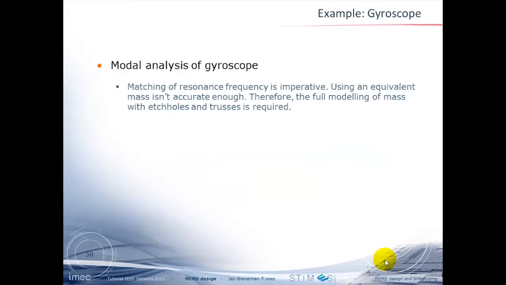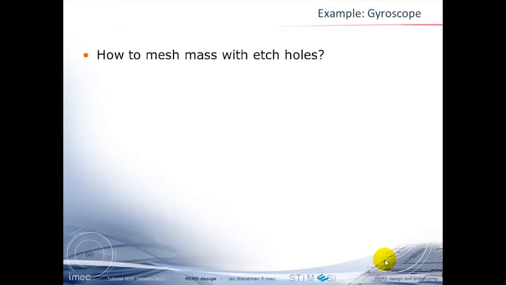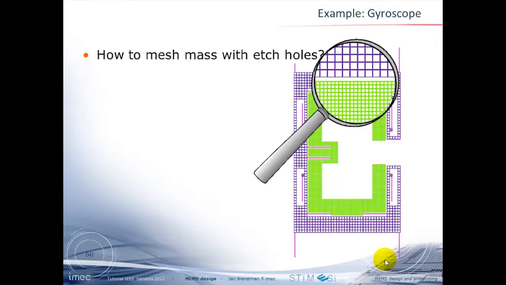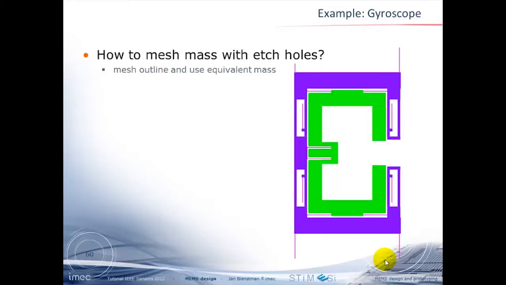Next I will go to the geometry modeling, and I want to give you an example for a gyroscope. This is a part of a structure which I did seven or eight years ago. If you are in the functional design phase, instead of meshing those things, you can represent it by an equivalent mass.